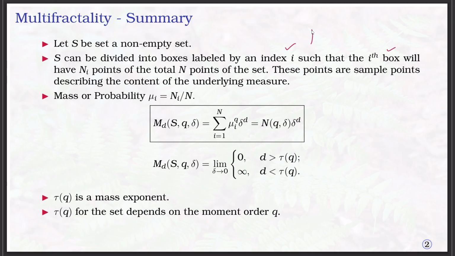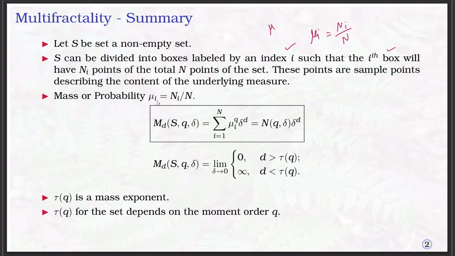That means if you take the ith box, the measure mu i is defined as ni by n. If mu is the total measure of the object, then for each covering we take the measure as ni by n: the density or measure of the box divided by the total measure.